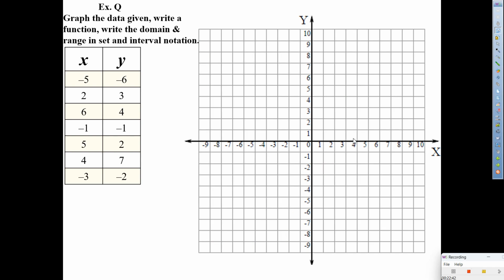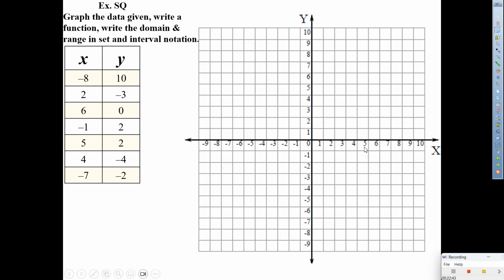All right, so here goes one for you, example super Q. Right below that one on your handout, do that one by yourself. Let's see how you do. I'm going to give you a head start. Go.